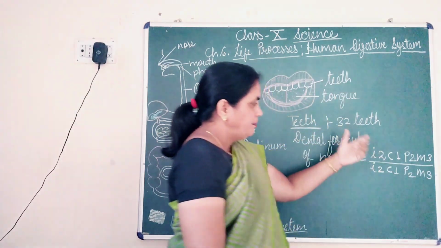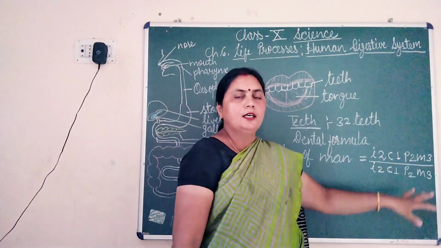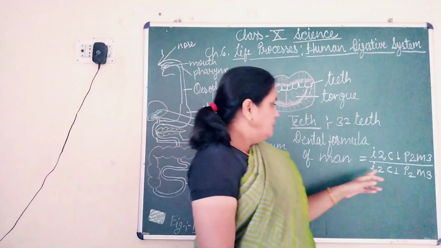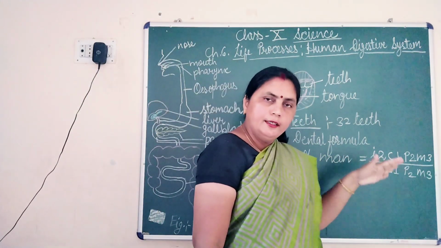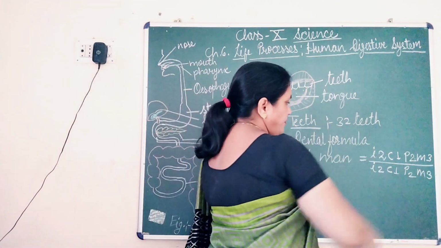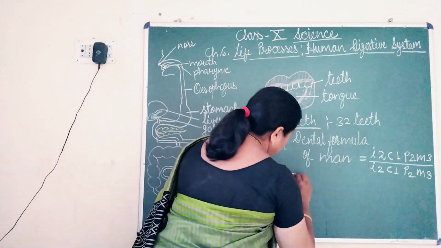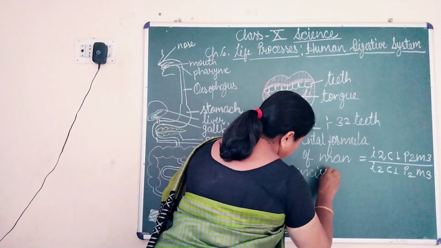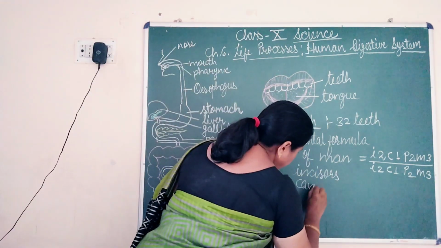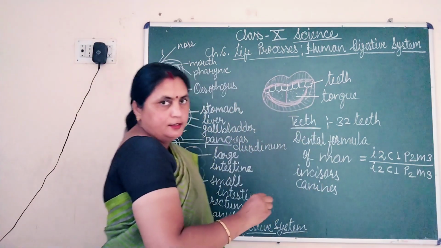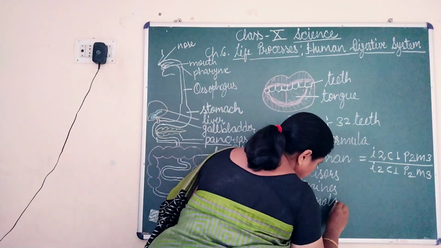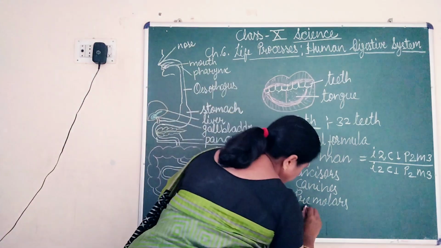The teeth which are written above this line show the number and type of teeth present in the upper jaw, and below the line again the type and number of teeth present in the lower jaw. So I means incisors, C means canines, P means premolars, and M means molars.